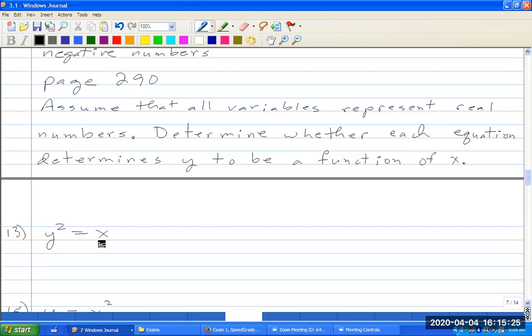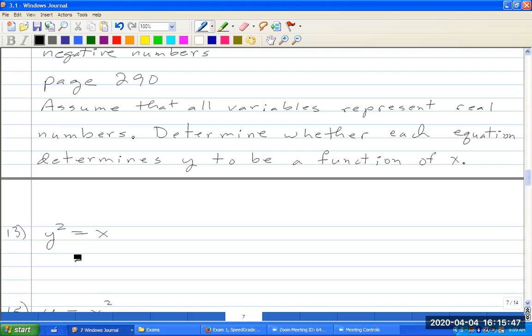Is y a function of x? Well, if you look here, suppose you took y equaling -1, then x is 1. And suppose you took y equaling +1, then x is equal to 1. So what that means is that if x is 1, y could either be 1 or -1.